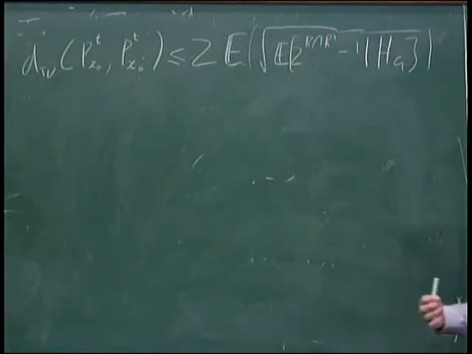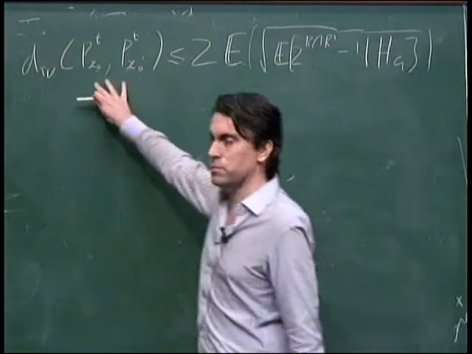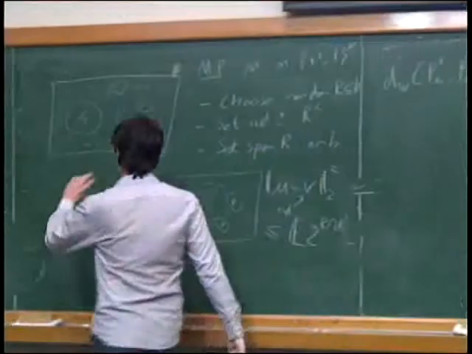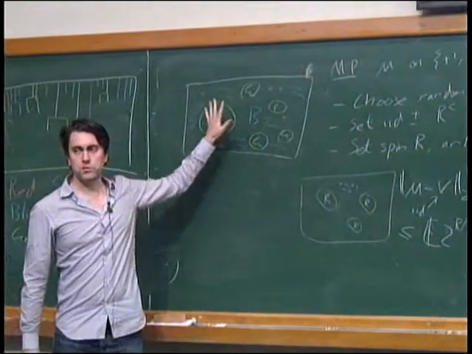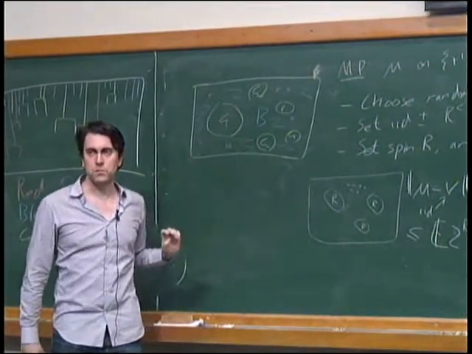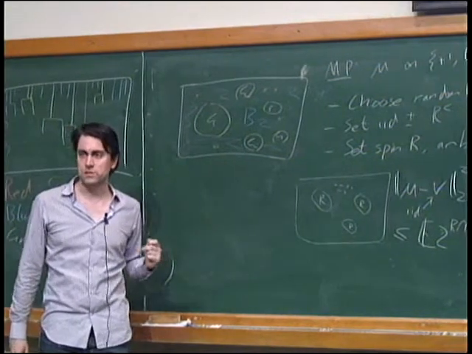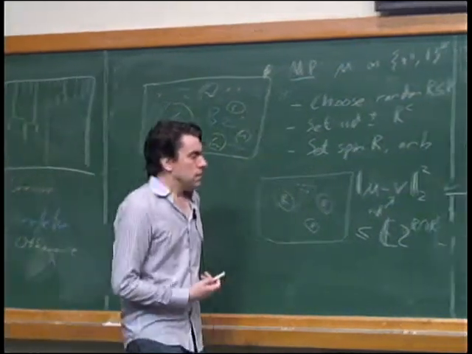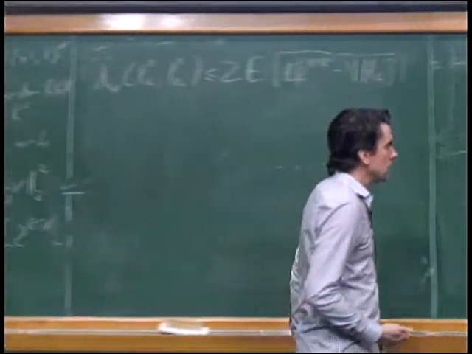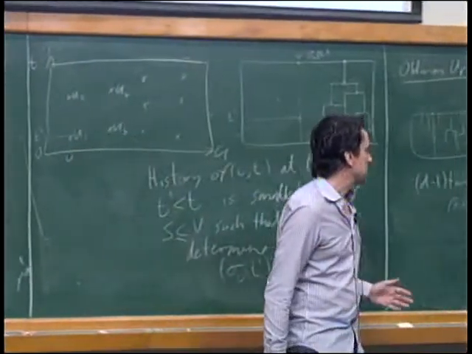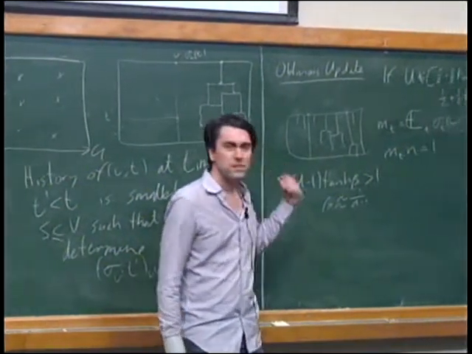So we can reduce the problem of understanding the mixing time to the problem of understanding essentially the geometry of these red components, the ones that are affected by the initial conditions. And then we need to take advantage of the fact that when beta is small, these are very subcritical.